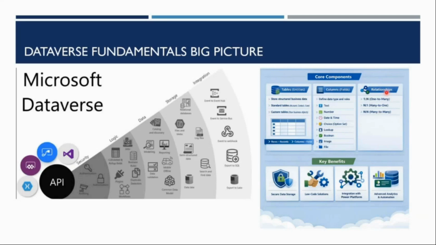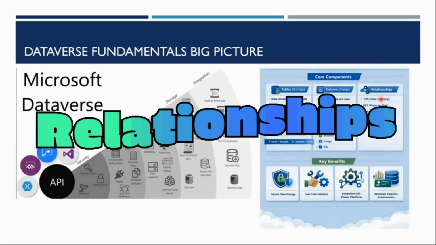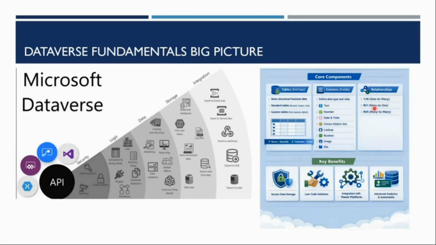Like that, we have relationships. Very important. We have three types of relationship. 1:n, which is one to many. Because Dataverse is a relational database, to store data, relationships play a crucial role. When there are two tables, for example, account and contact, you can relate account and contact with one to many.